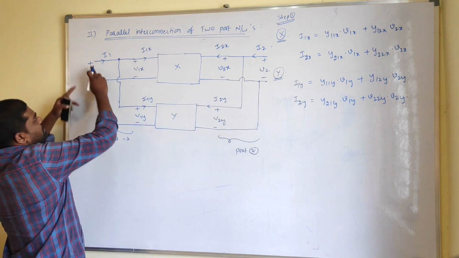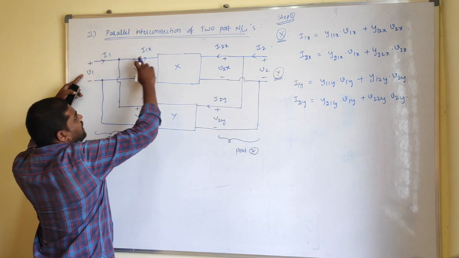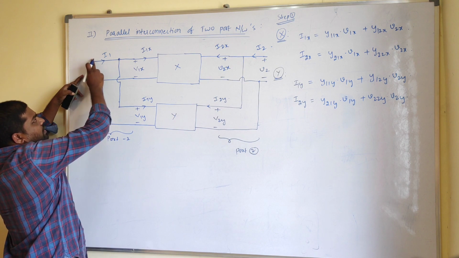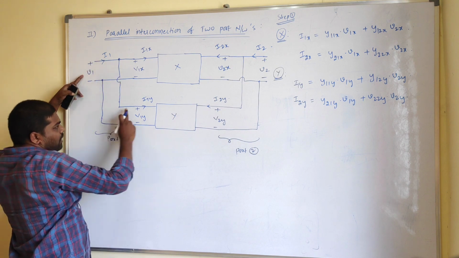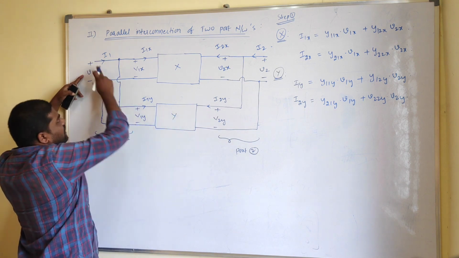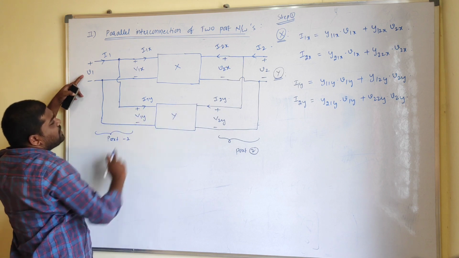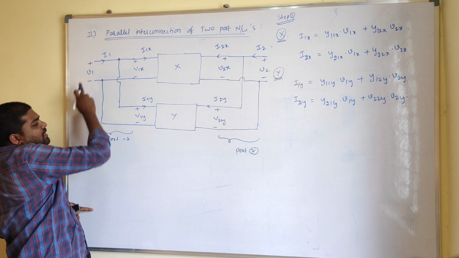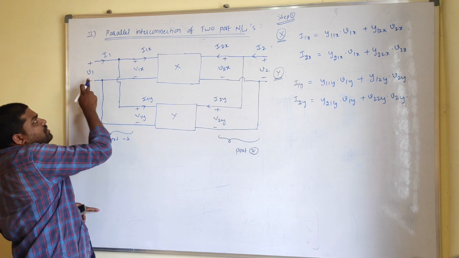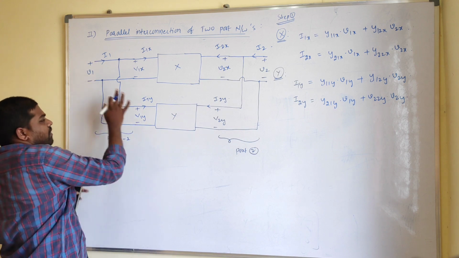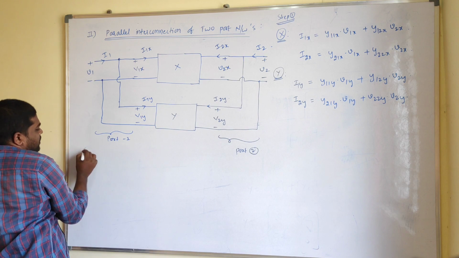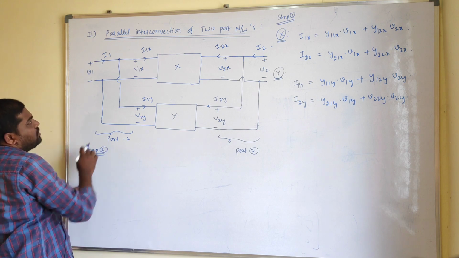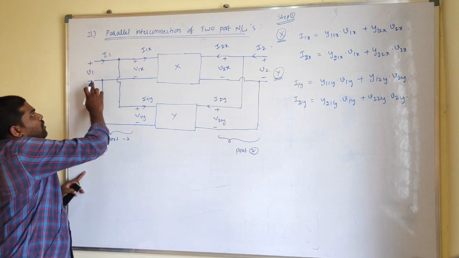Just observe this: these are the two nodes, and V1 is directly applied to the X network, and also directly applied to the Y network. That means V1x equals V1, and in the same way V1y equals V1. Step 2: from port 1, what about voltages?